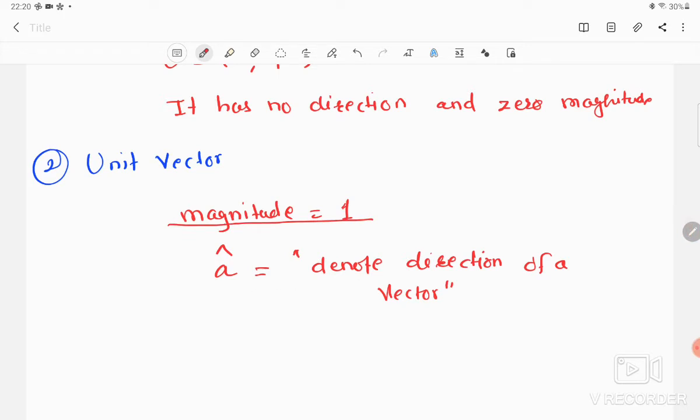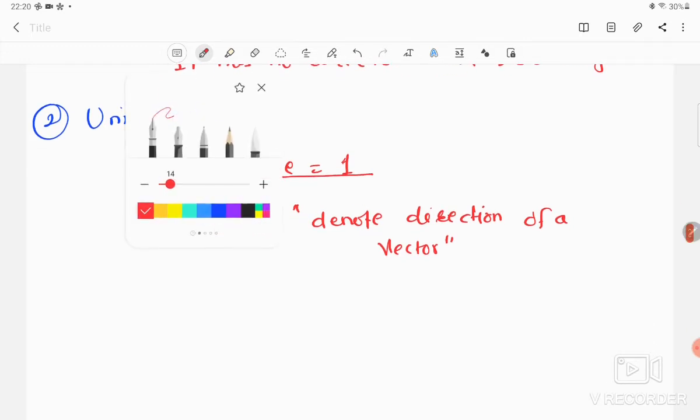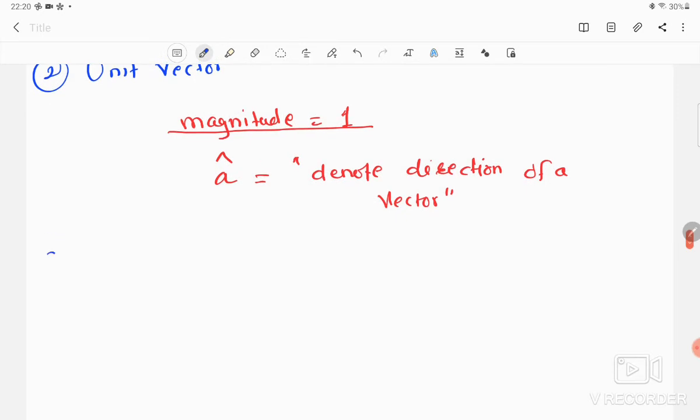Okay, the next type of vector is the position vector.